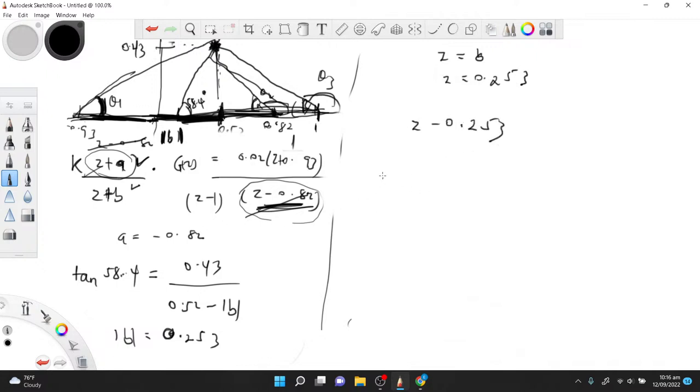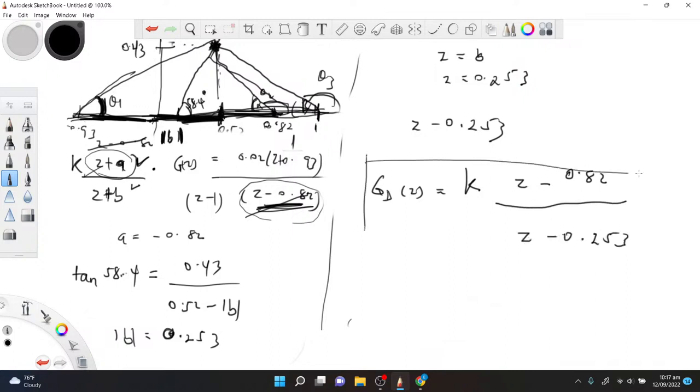So in the end, I'll have a compensator with a transfer function K, then I chose the zero to have this here, and then I'm now getting my B to be negative 0.253. So this is what I get. This is my compensator transfer function.